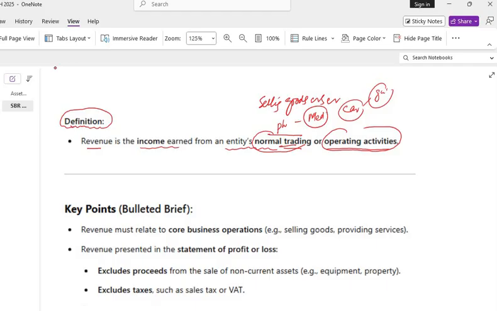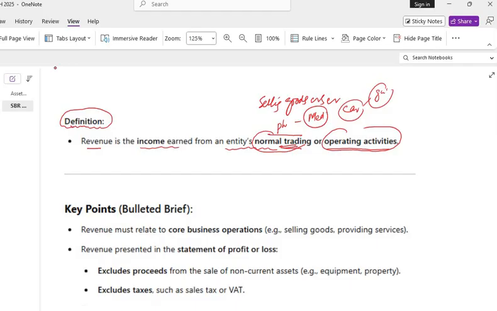So let's say you have a store, and you are selling 10,000 worth of product, so that will be revenue. Now if you are selling old office furniture for $500, then that will not be considered revenue, because this is not your normal trading.